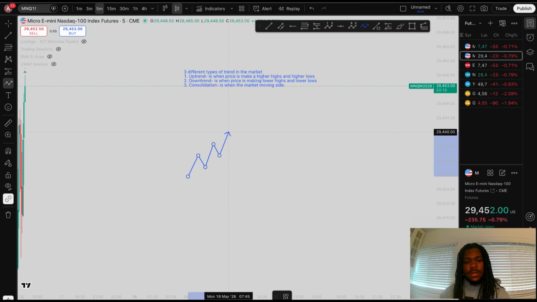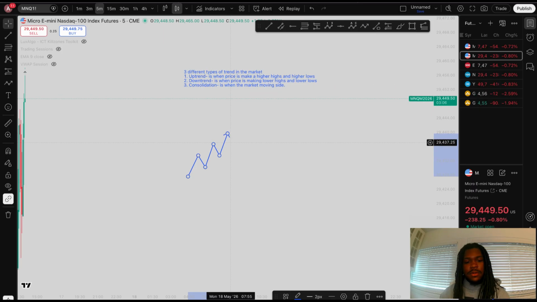This high is higher than that high, and so on and so forth. So you have a high being formed, a low being formed, and then the next high goes higher, and then the next low is formed higher, and so on and so forth.